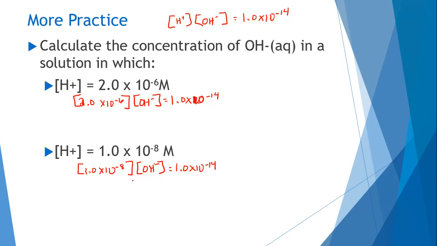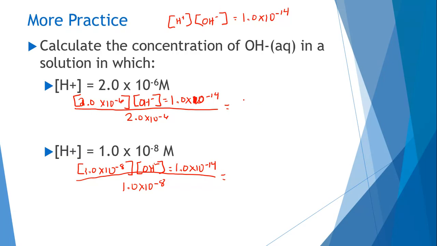Again, just like our problems on the previous slide, we're going to divide both of these by what was given attached to the hydroxide, so 2.0 times 10 to the negative 6th. And this one is going to be divided by 1.0 times 10 to the negative 8th. Then we're going to go ahead and solve both of these out.